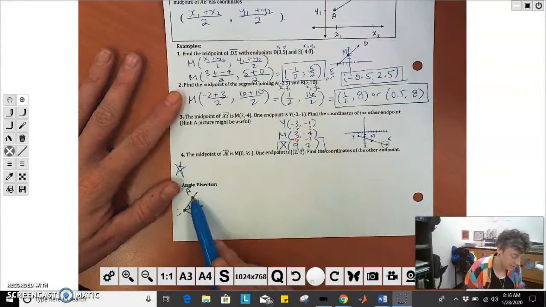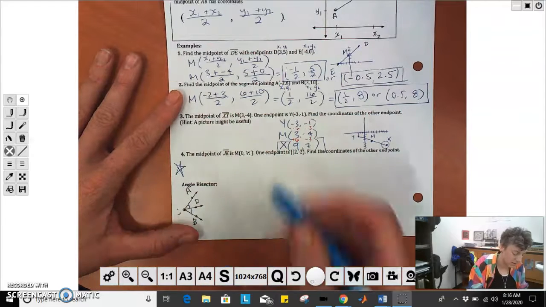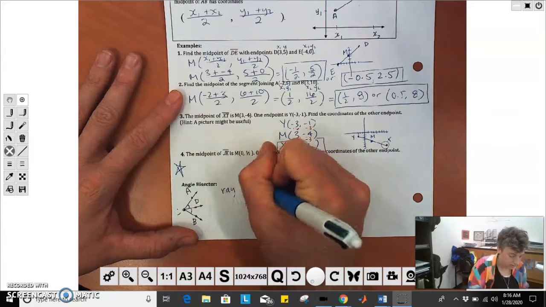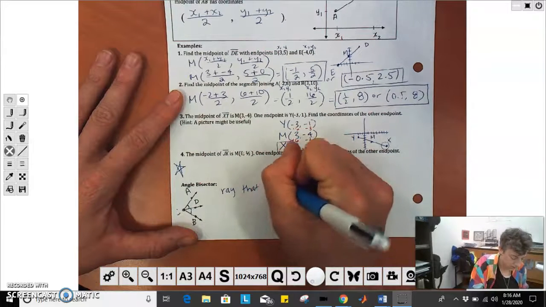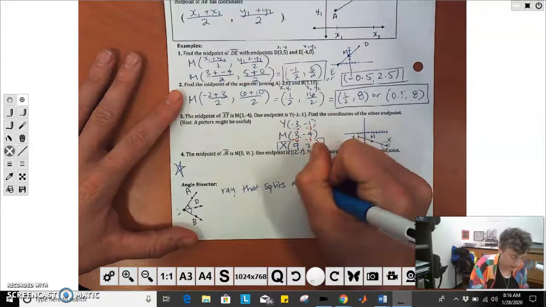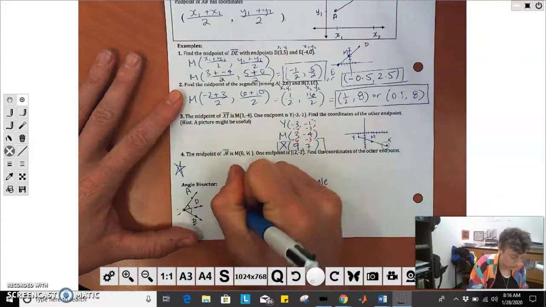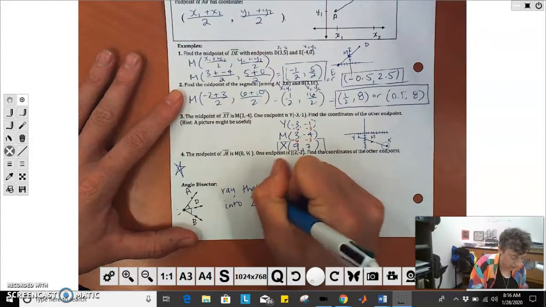That means this angle CAD is congruent to angle DCB. So our angle bisector is a ray that splits an angle into 2 congruent halves.